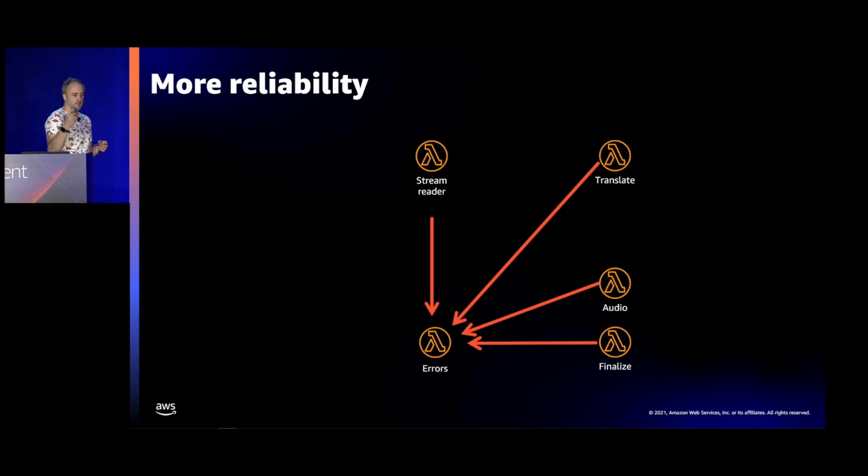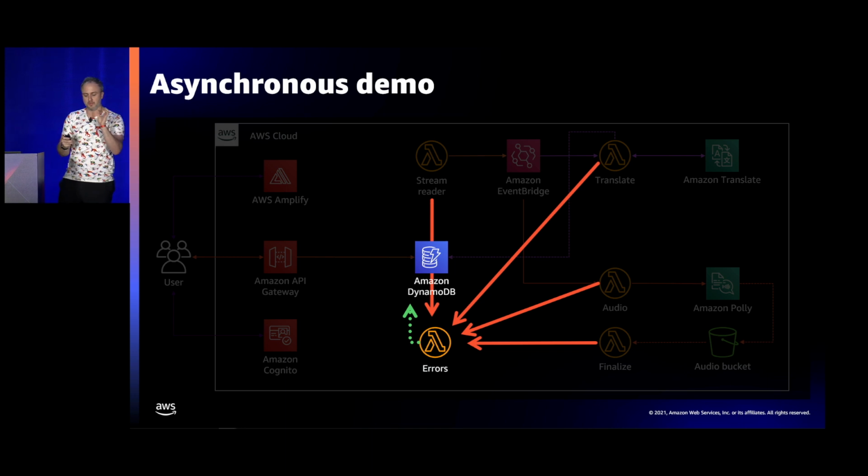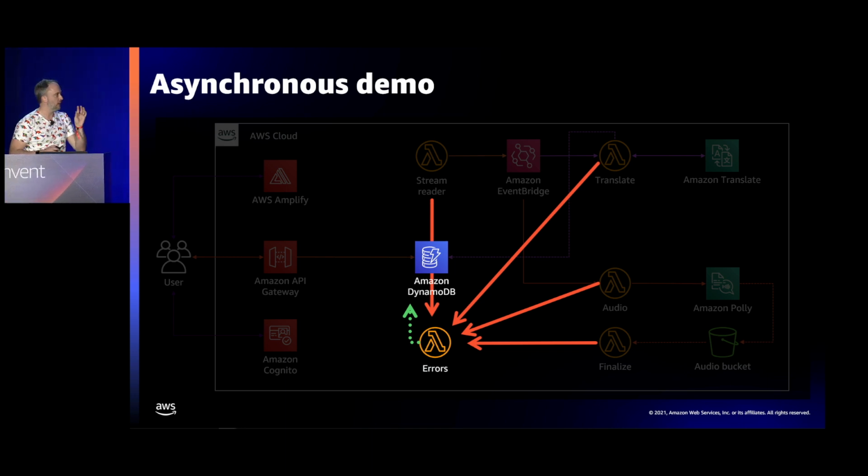So back to my asynchronous application. I capture all of the failures in a single error handling Lambda function using Lambda destinations. Then from that error handling Lambda function, I write those failures back to my DynamoDB, my single source of truth. Remember, one of the Twitter users said Lambda difficult for state management.